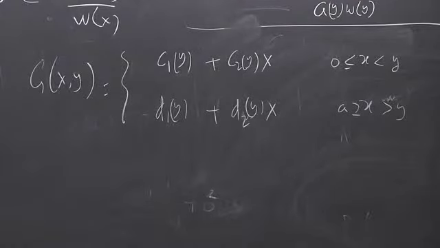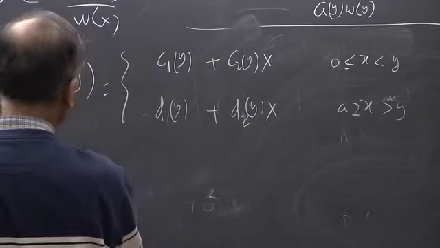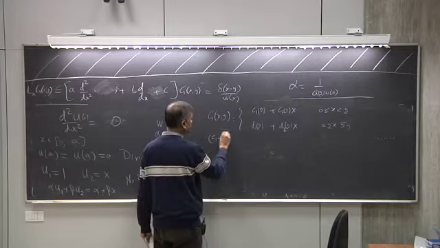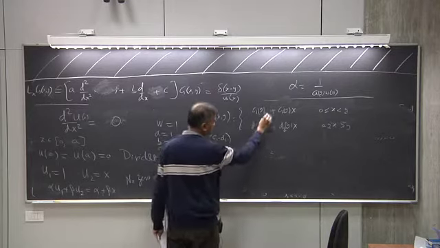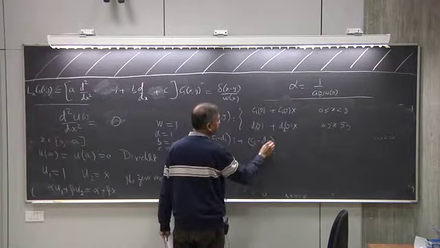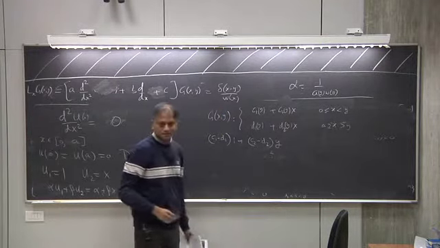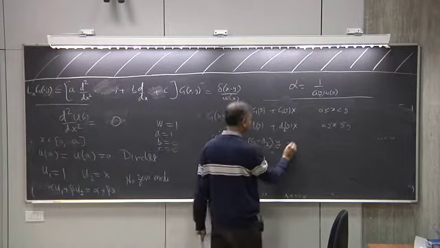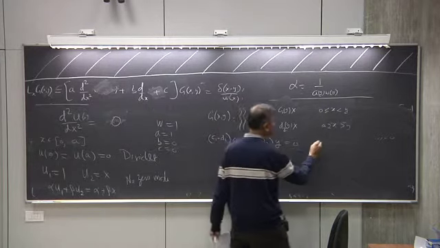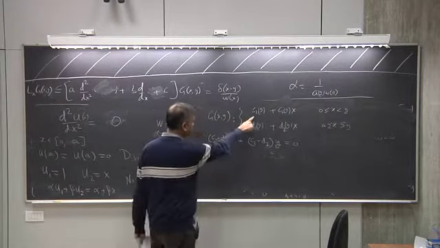So we choose that. Then let's look at the continuity condition. It tells me that (c1 minus d1) times 1, plus (c2 minus d2) times x, with x evaluated at y, should be equal to 0. That's one condition. And the second condition is the derivative.